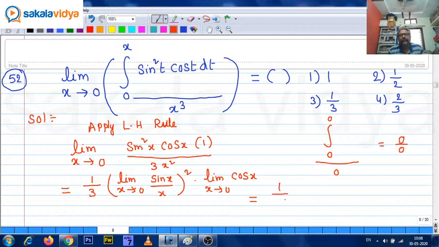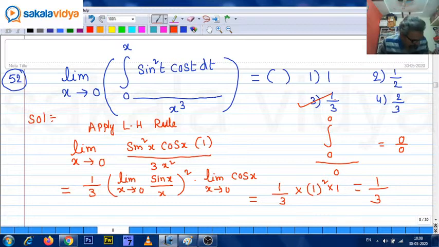This equals 1 by 3 times 1 square into 1. So the answer is 1 by 3. That means option 3 is the right option. Understood now? I applied the Leibniz rule for this one. Leibniz rule, you need to remember.